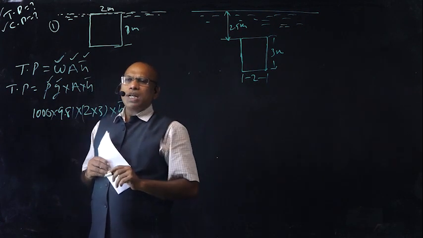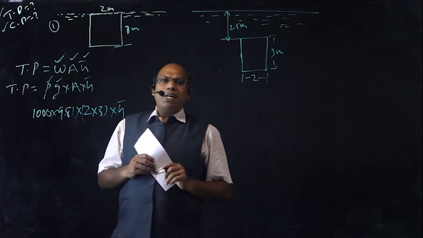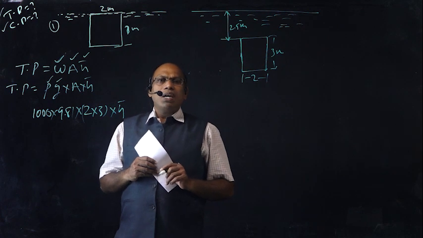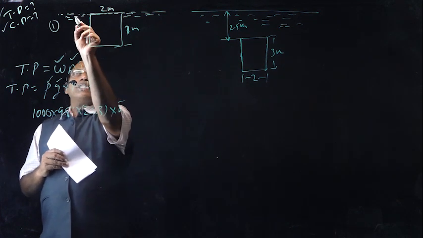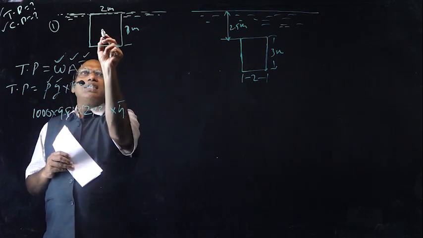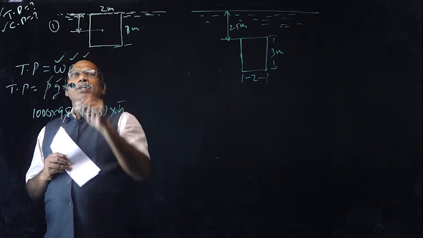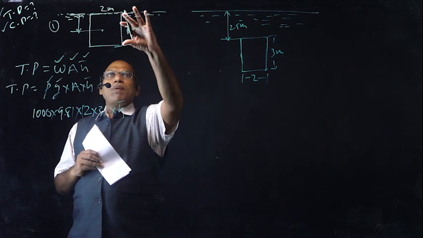What is H bar? H bar is the distance between the free surface of water to the CG of the body. This is the free surface of water, this is the CG of this body, 3 meters from the free surface.